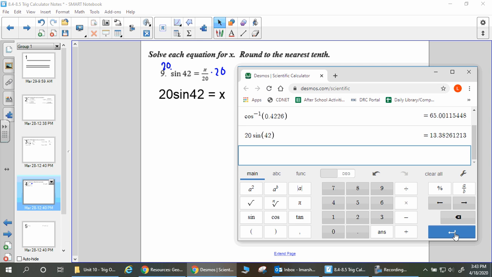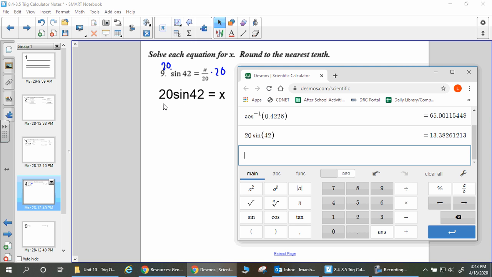If you had a calculator where you had to put the numbers in first, you're going to enter this in reverse. You're going to put 42, hit sine, now hit times 20 and hit equals. So I'll say that again. If you have to put numbers in first, enter it backwards. Do 42, hit sine, times 20, and then hit equals.